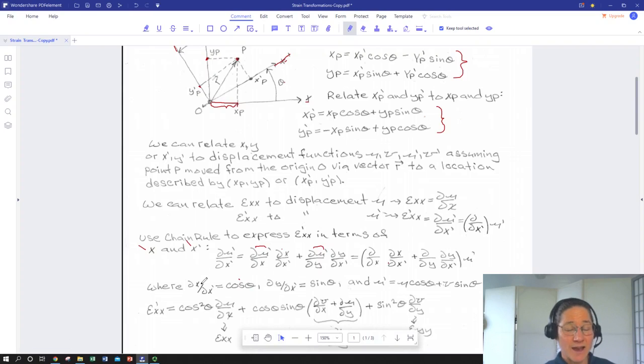We established back with our geometry that our partial of x with respect to x prime is cosine theta, and our partial of y with respect to x prime is sine theta. And again, this rolled right out of the geometry, and we could look up here and express that. And we came to relating our displacement function u prime with respect to our reference displacement functions u and v.